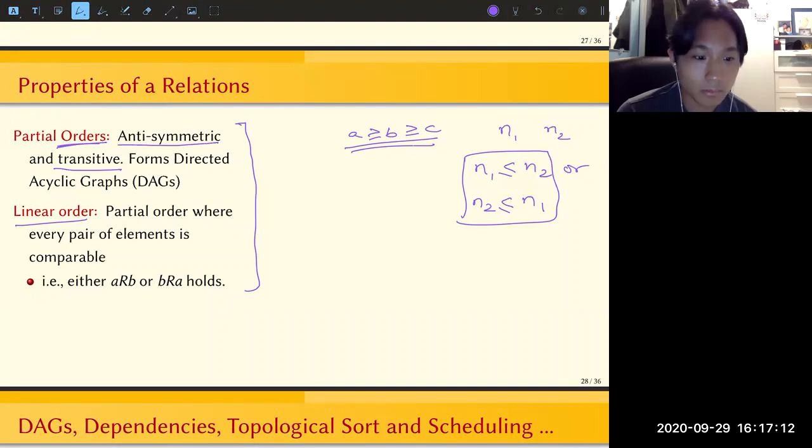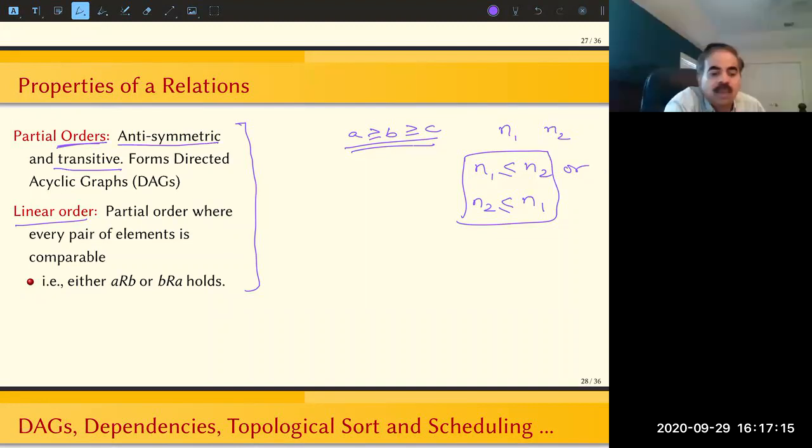Subset. Right. So if I have two sets, A and B, can I say that one is a subset of the other? That doesn't necessarily hold. A and B may have nothing in common, in which case neither is a subset of the other.